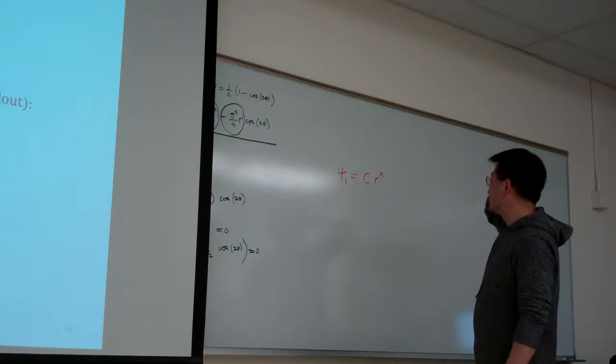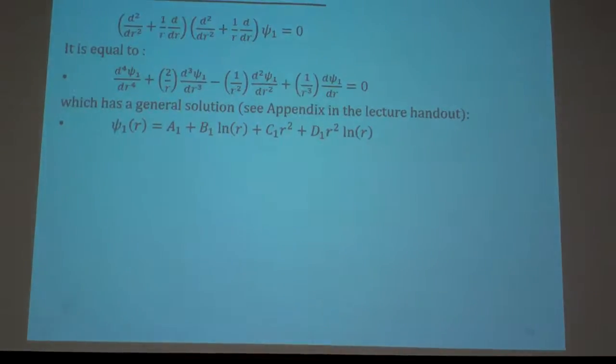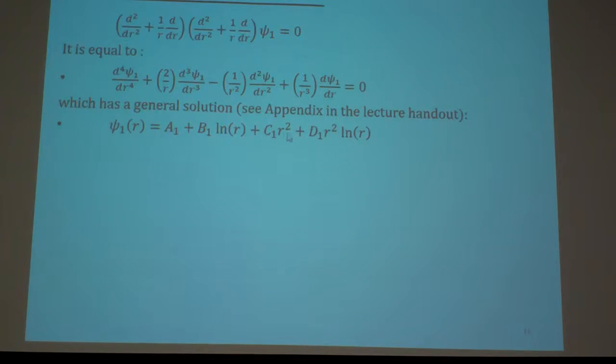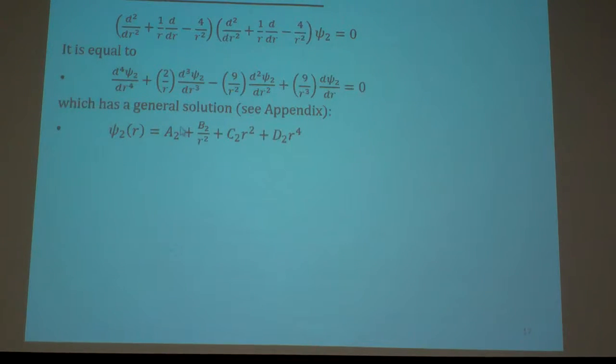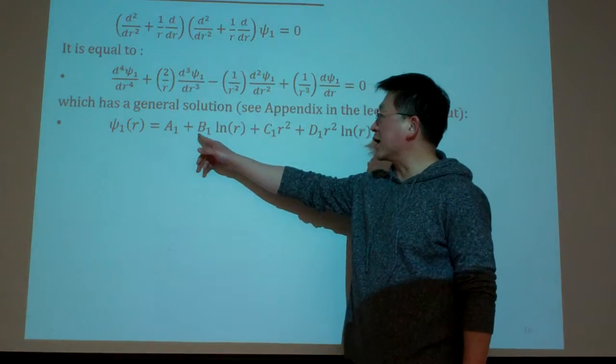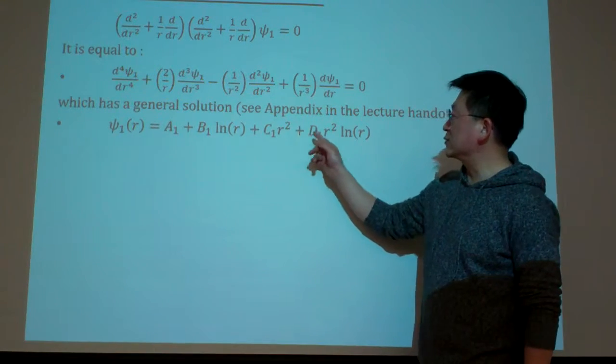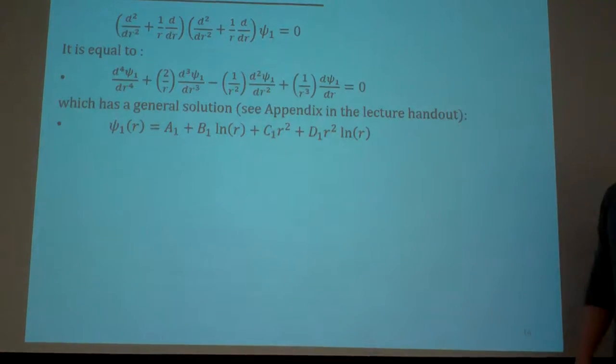So basically this is the solution, and for V1 we have 4 terms. The feature of the 4 terms is that they are composed of a constant and a linear combination of the natural log R, R squared, and R squared with this one.